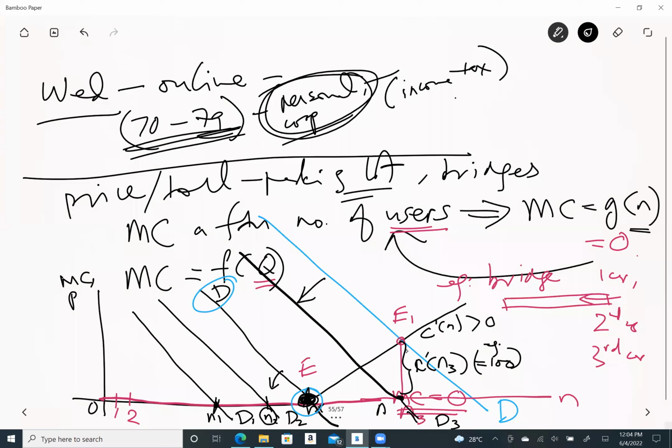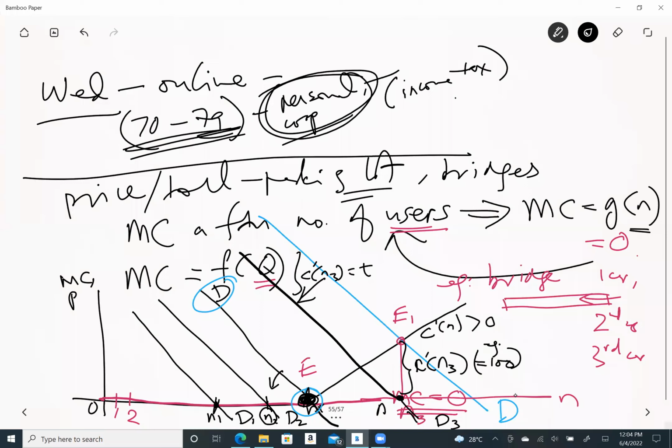It intersects here, because you charge the C prime equal to the toll. So what happened now? What is the equilibrium now? The price increases.